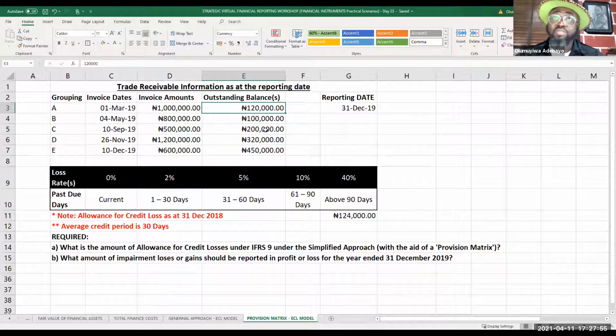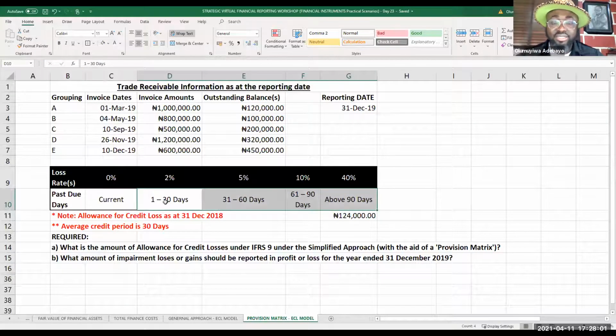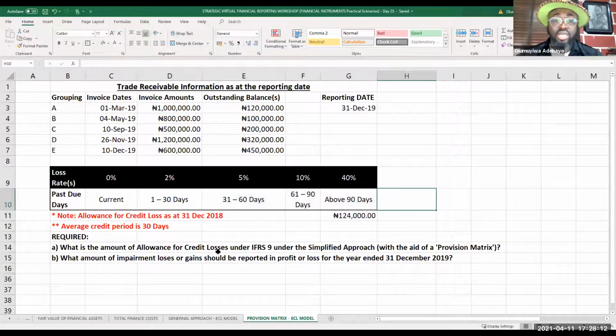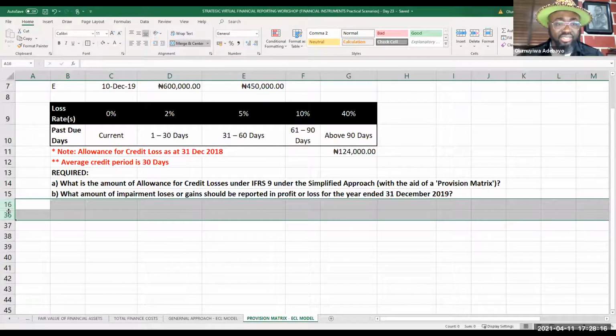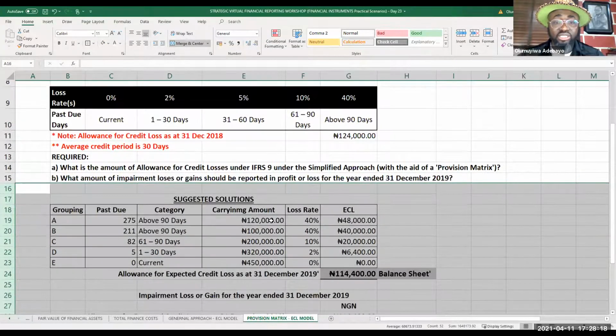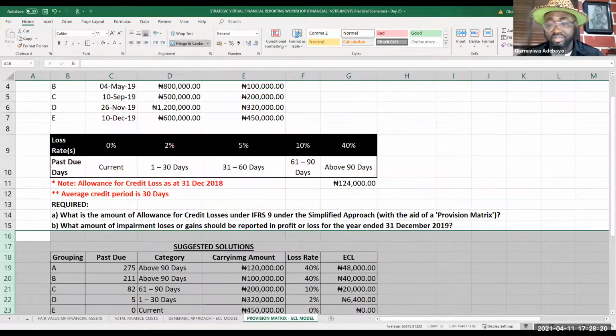Now, when you know what is past due and current, you group them according to the internal credit policy of the company: within 30 days past due, within 31 and 60 days past due, within 61 and 90 days past due, and above 90 days past due. Let me show you what I've modeled, and we'll see it by the use of Excel.